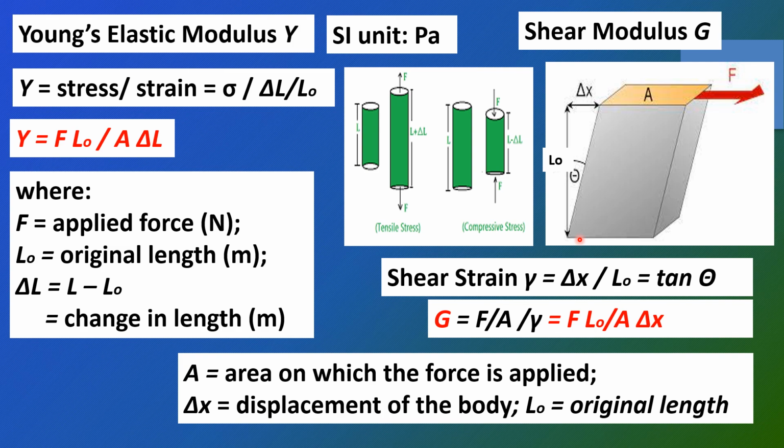And that is simply equal to what we call shear strain gamma. Delta x divided by L, mathematically, can be expressed as the tangent of the angle theta in this drawing.